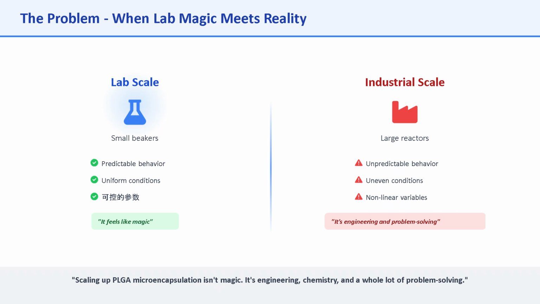Suddenly, you're dealing with large reactors, uneven mixing zones, unpredictable fluid dynamics, and variables that don't scale the way you expect. And that's when you realize, scaling up PLGA microencapsulation isn't magic. It's engineering, chemistry, and plenty of troubleshooting.